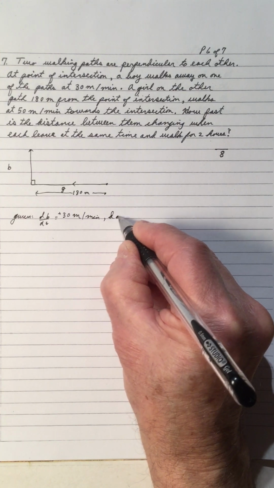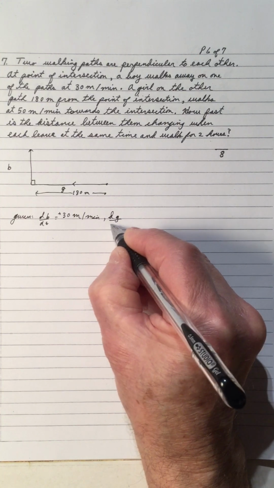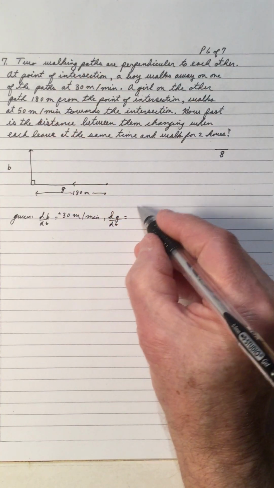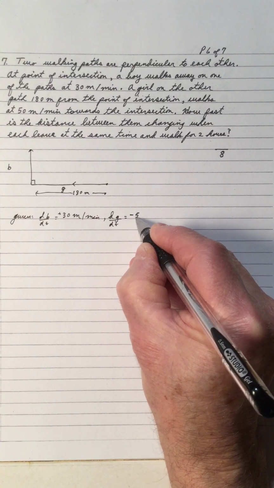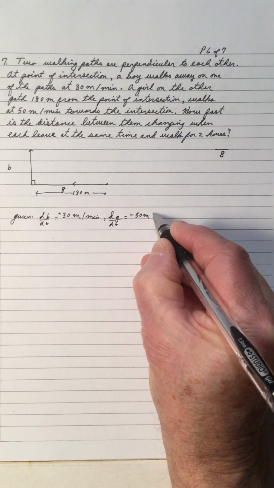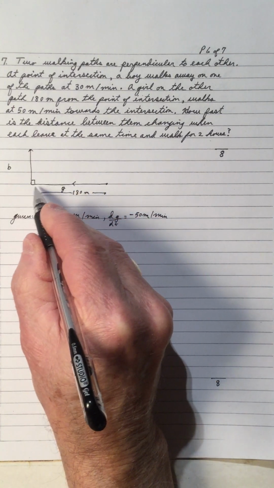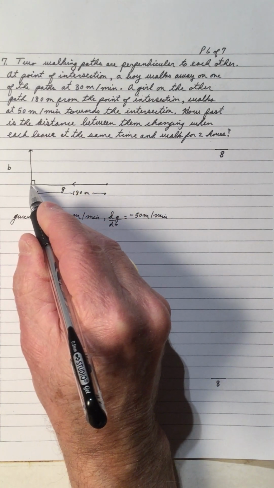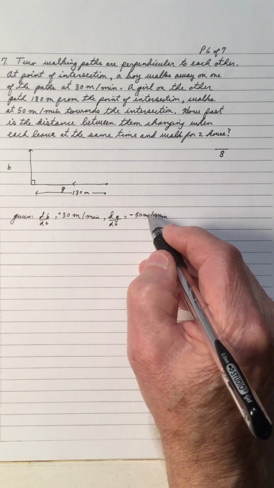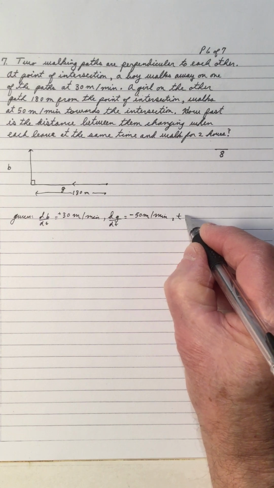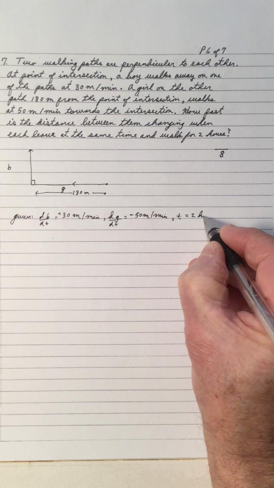And the girl, dG/dt, is minus 50 meters a minute because the girl is walking back towards the point of intersection, whose distance is getting shorter, so it's a negative. And they're both walking for 2 hours.